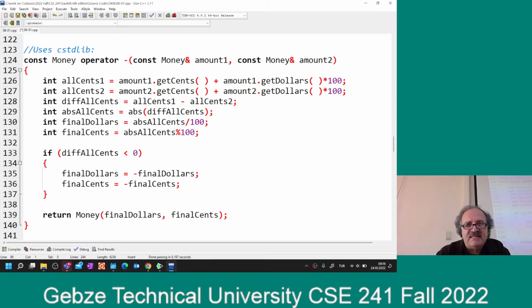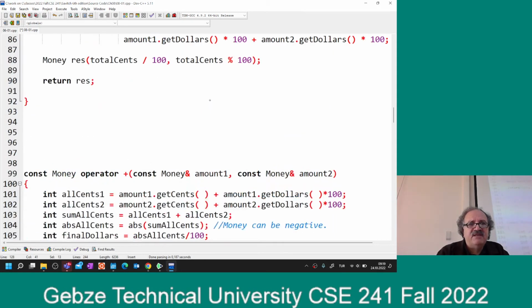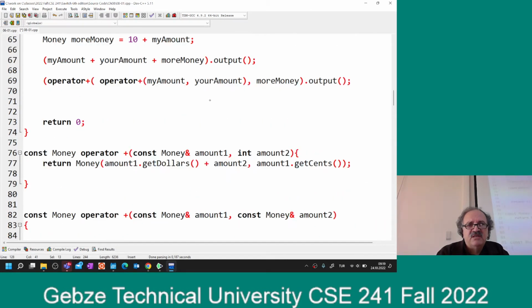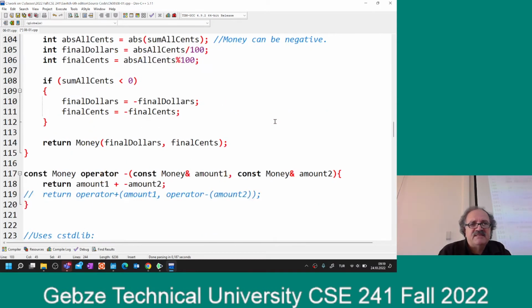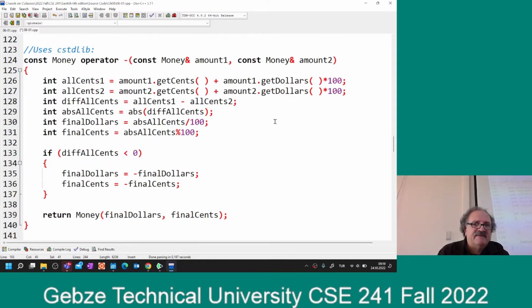It does exactly the same thing. I guess the only difference is this part. Line 28 is negative, integer subtraction. Line 103 is plus and minus signs, that's it. So it's kind of lots of code copy and paste.